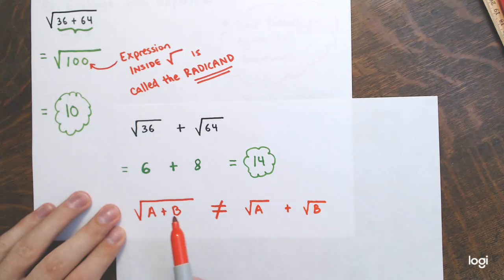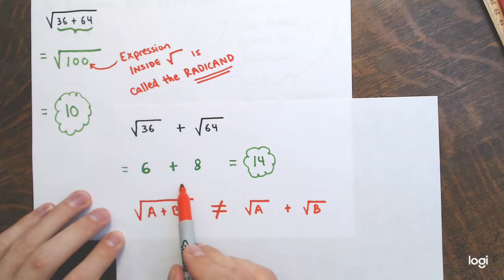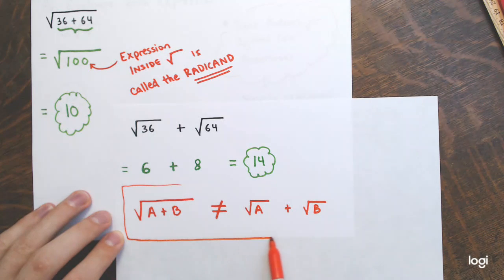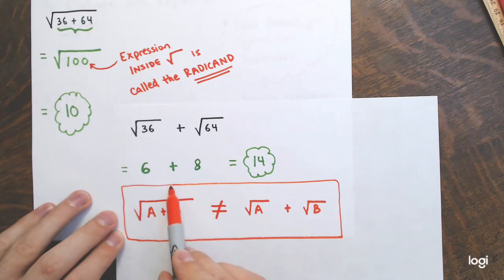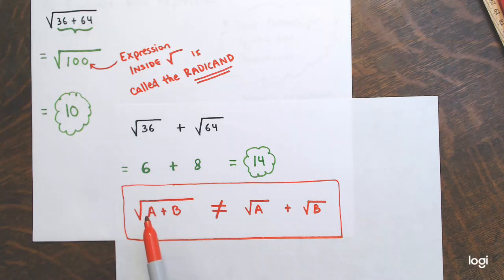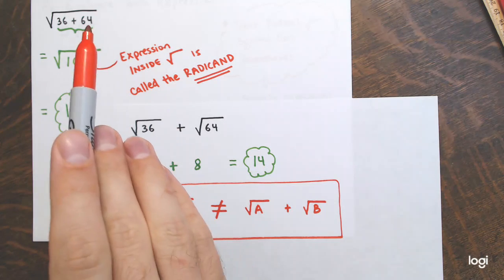Right? And this is huge, please remember that you cannot just split up the sum. If you have the square root of a sum, you can't just split it up and take the square root of each term. And you can see that from this example right here.